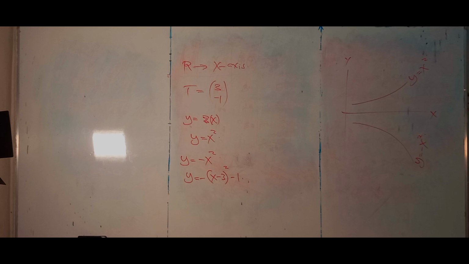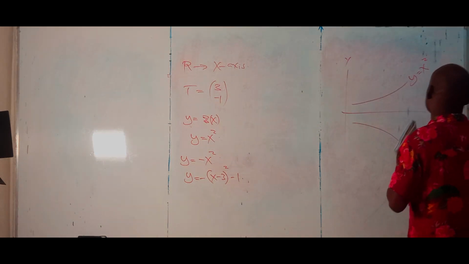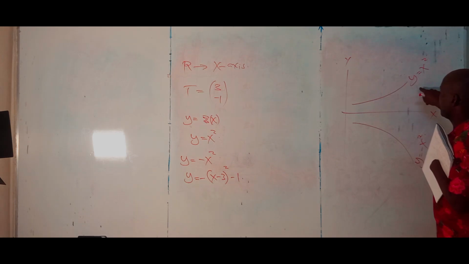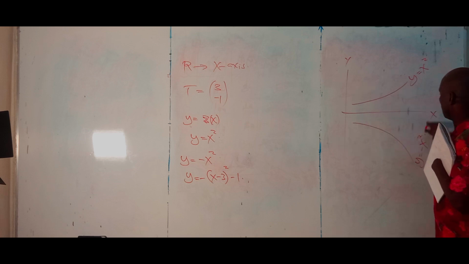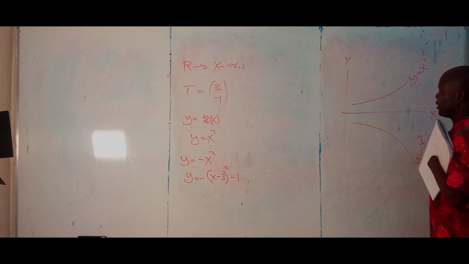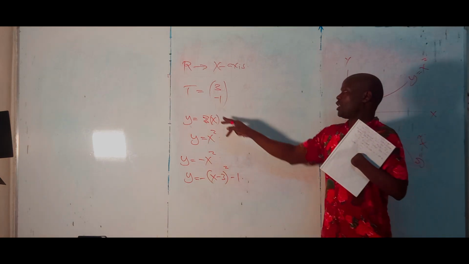The image of this now becomes the image of this. We started from this equation, then the reflection brought it here, and once it's here, we applied the translation to it.